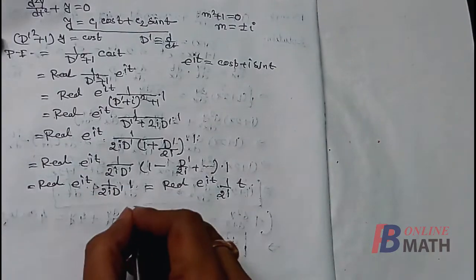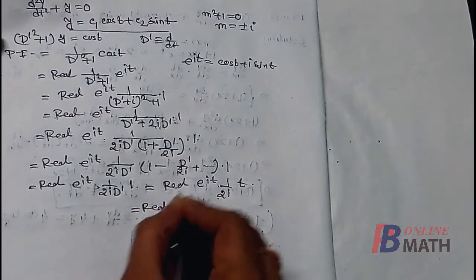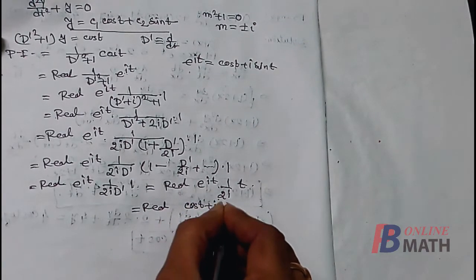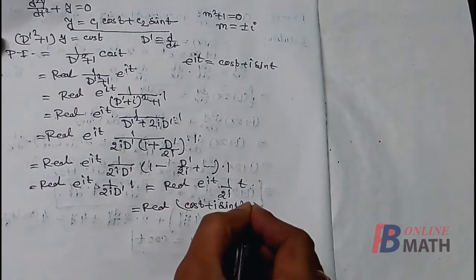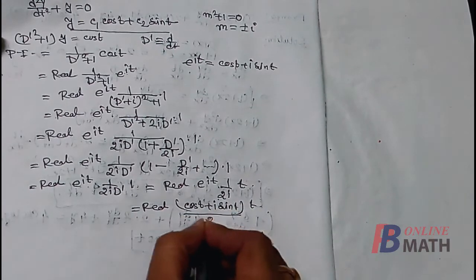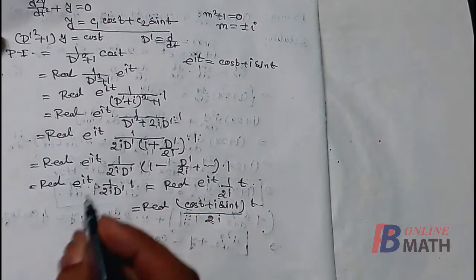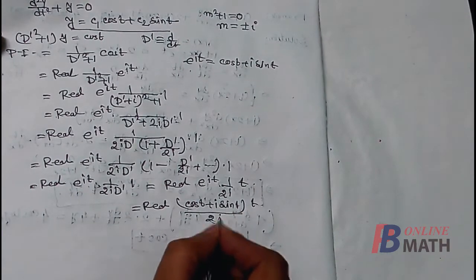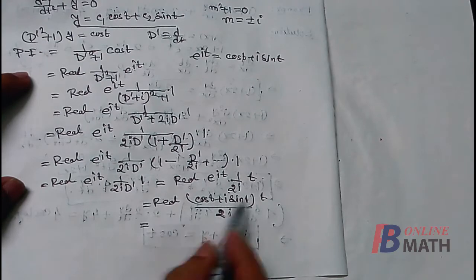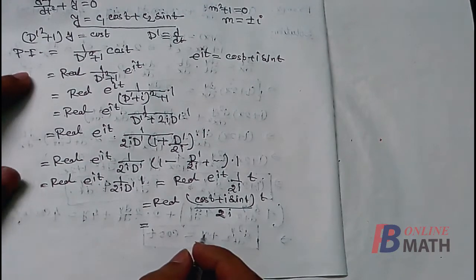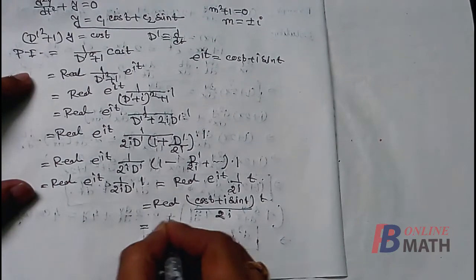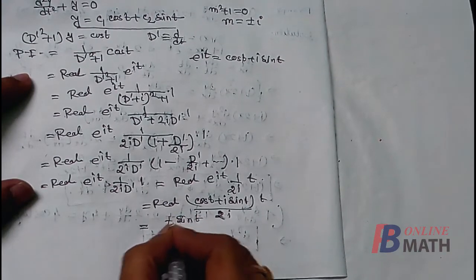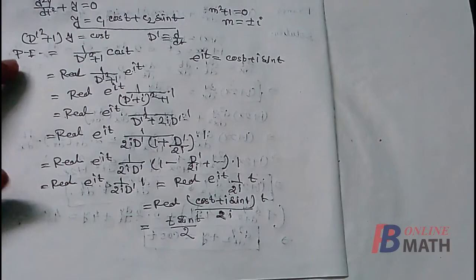Now we write this as the real part of, now e^(it) means cos t plus i sin t, and here is t divided by 2i. So which one is the real part? Real part is this part. If we divide this function by 2i, then the real part should be t sin t by 2.